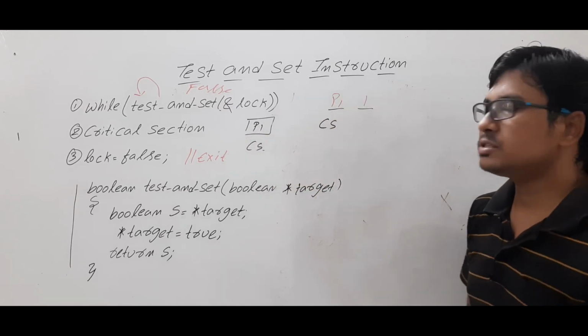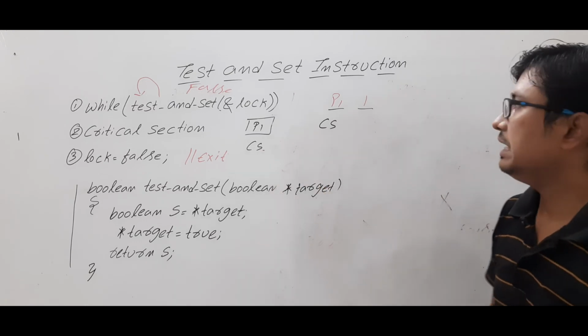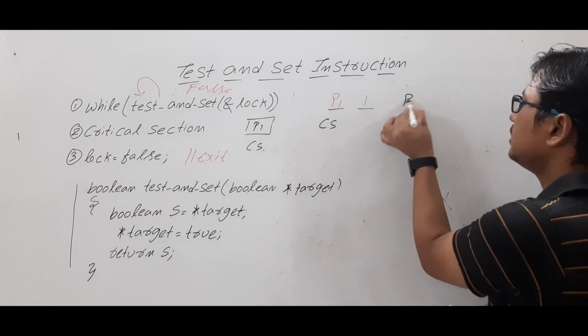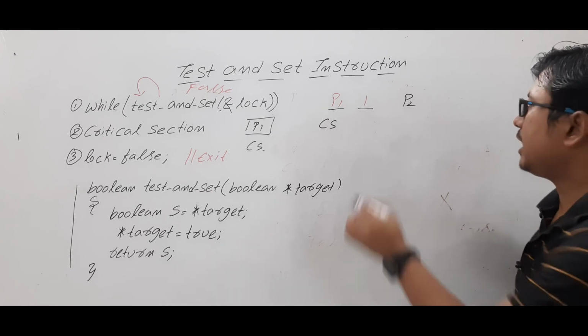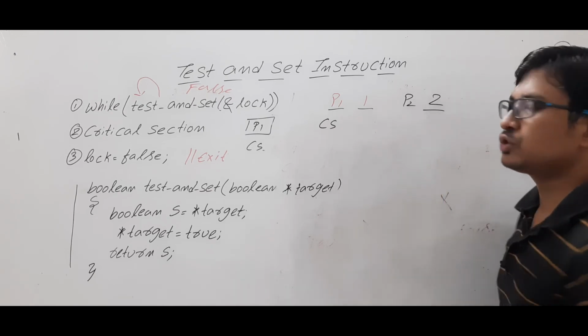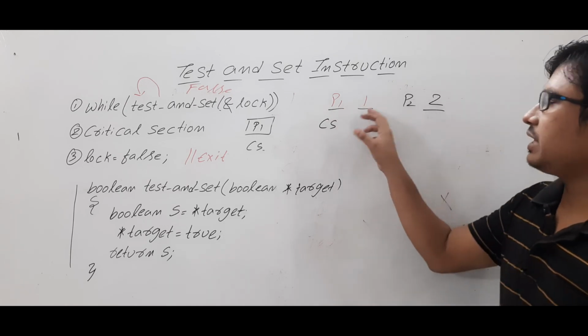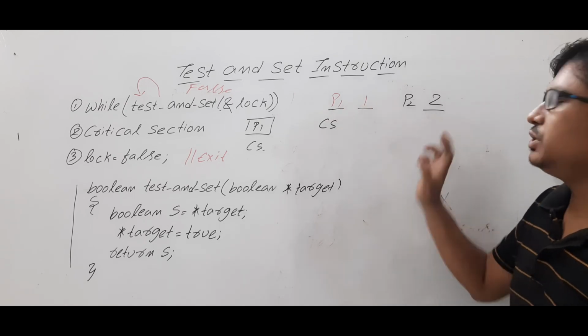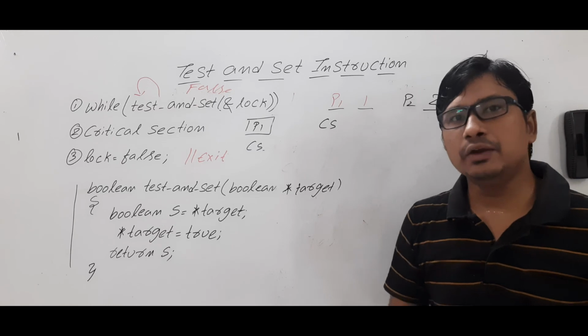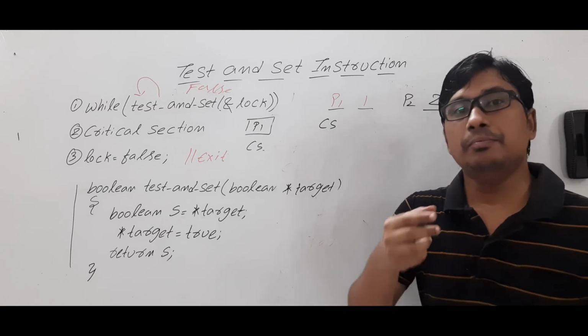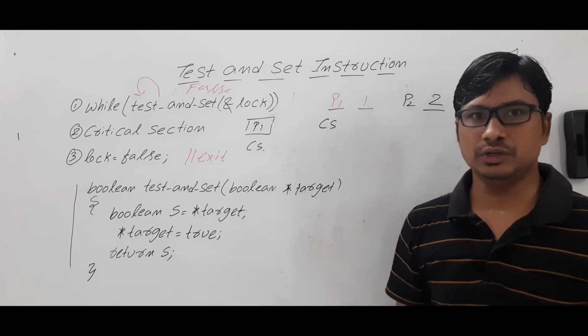Now when process P1 is in the critical section, process P2 has arrived in the ready state with priority value 2. Now look at the priority values. Process P1 has priority value 1 and process P2 has priority value 2, and you are running a preemptive priority based scheduling mechanism.